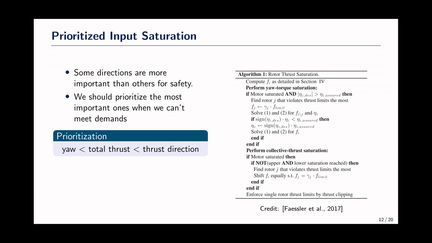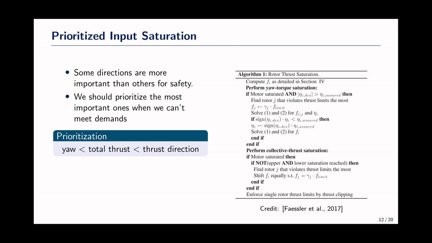For a quadrotor specifically, we really care about the thrust direction, because we can only fly in the direction that we're thrusting. But we don't care about the yaw angle around that thrust direction as much. It can be important, but if something has to drop, we'd rather drop the yaw than the thrust direction.